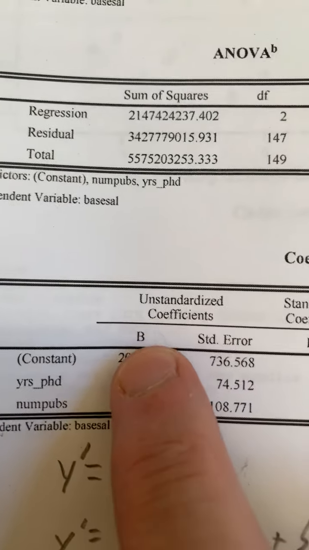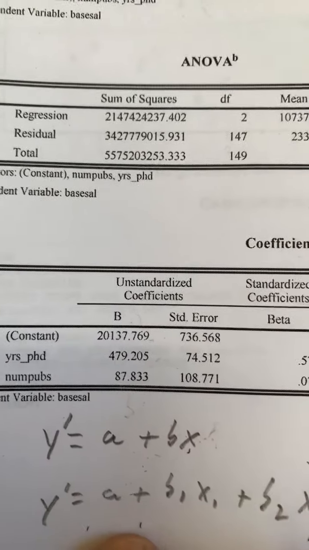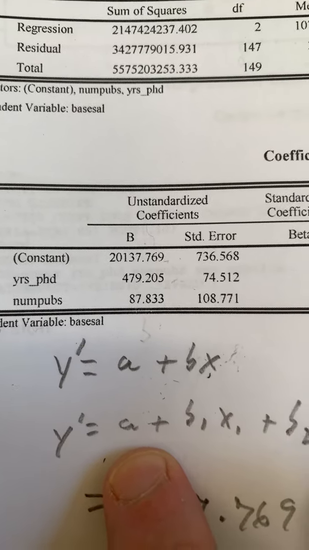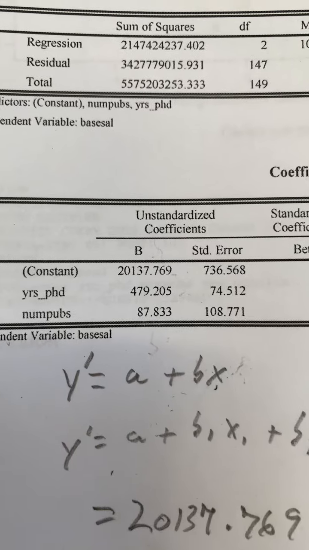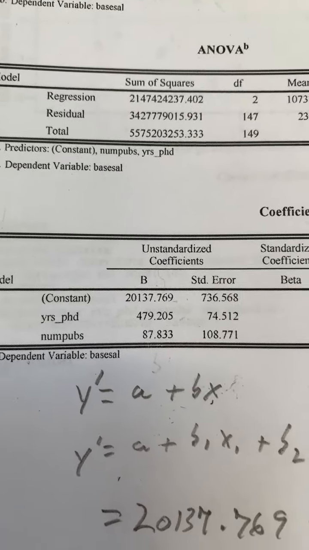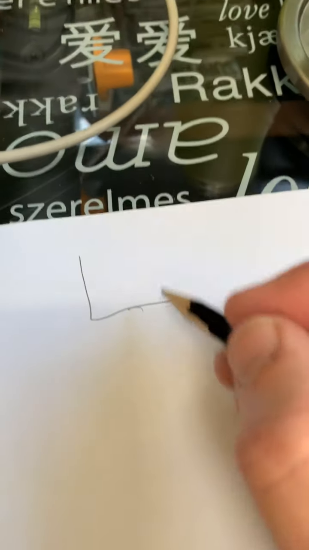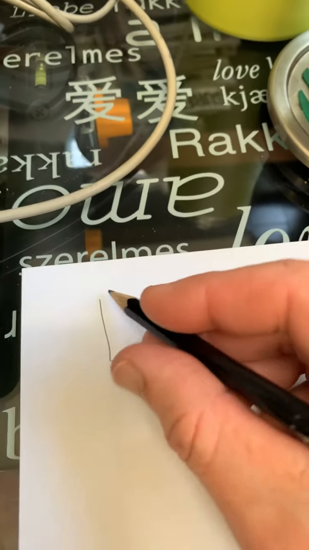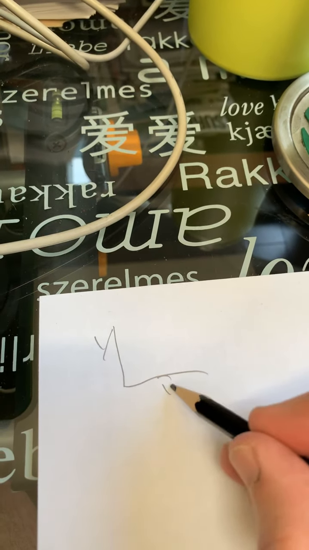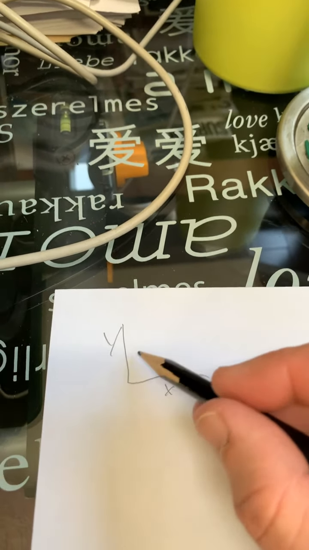So a is this thing. It's the 20,137 intercept value, and it's where the regression line starts on the xy graph. If this is your y predicted values over here, and this is your predictor values, the regression line has to start somewhere.